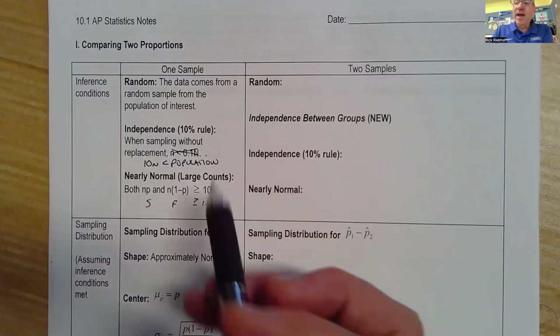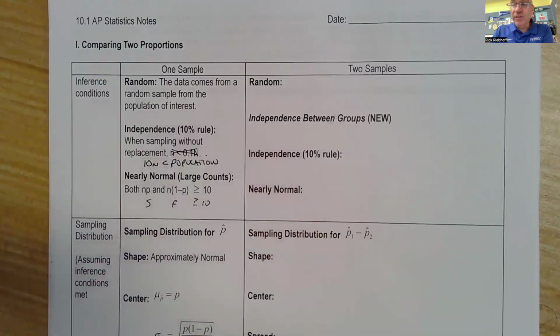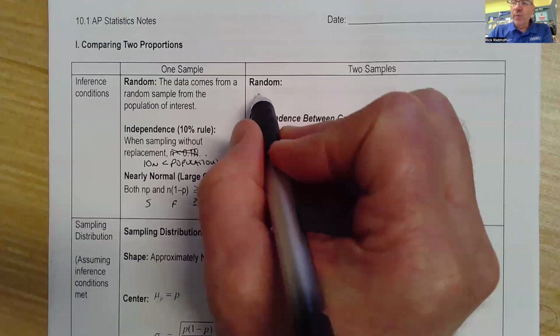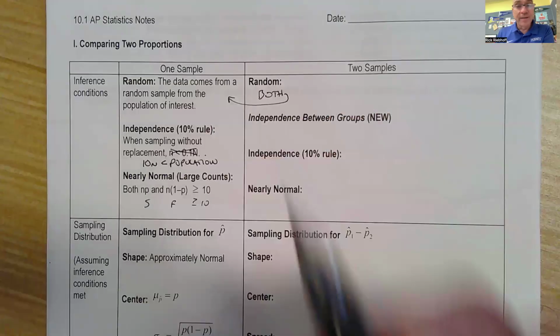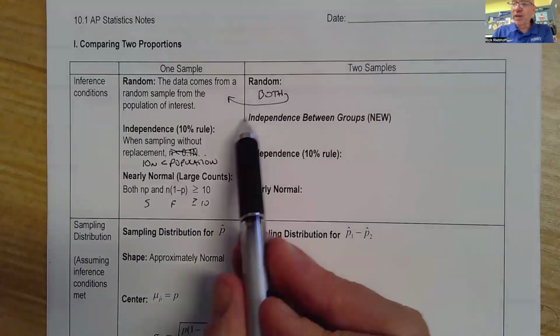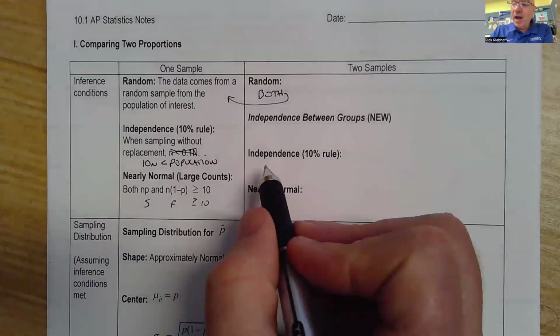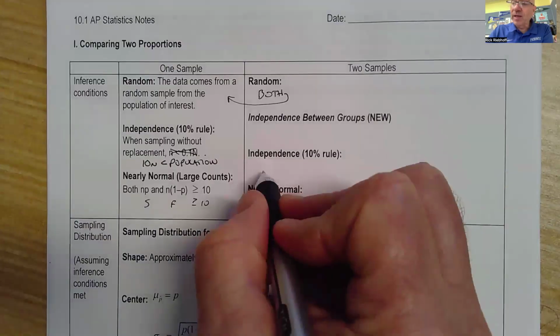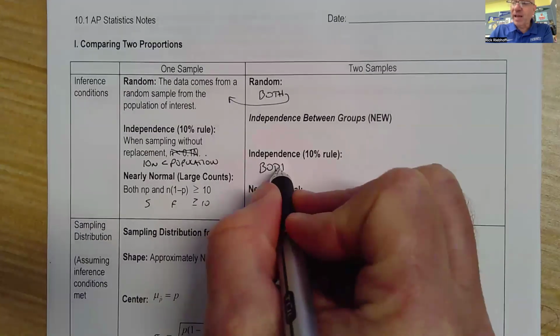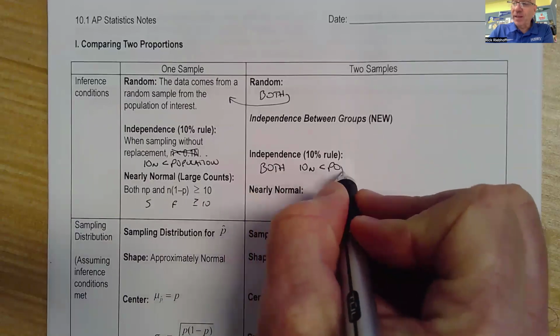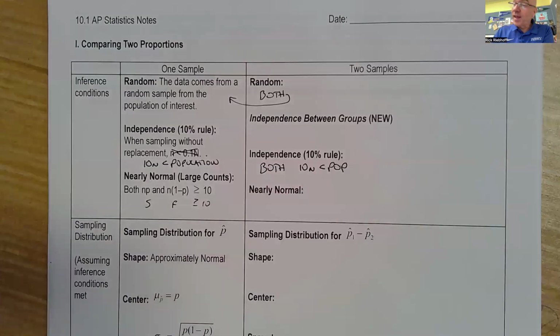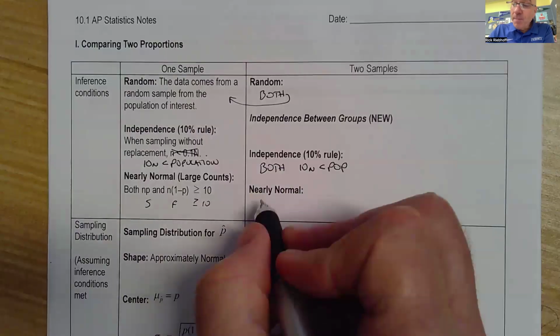Okie dokies. Now that we have two samples, some things are going to change. For randomness, they both need to be randomly selected. I'm going to skip this one because it's new and scary. But my independence rule is both of my samples must have 10n less than the population, so I have to check both. Guess what for nearly normal?